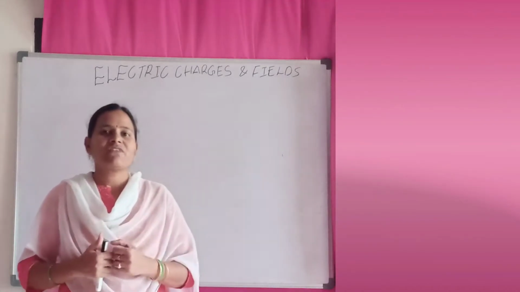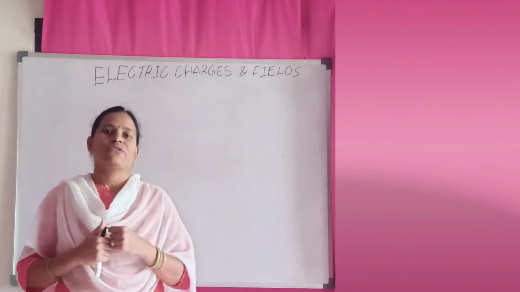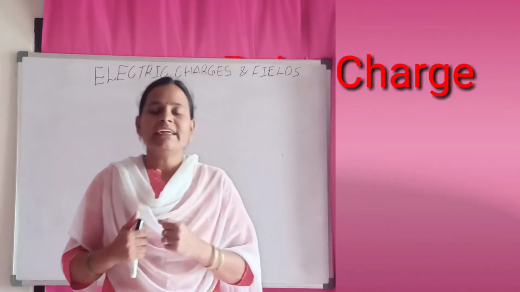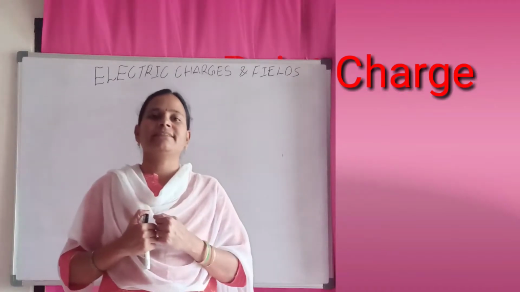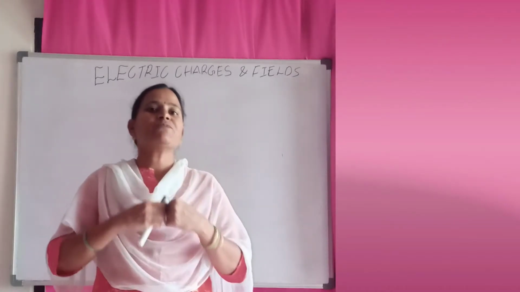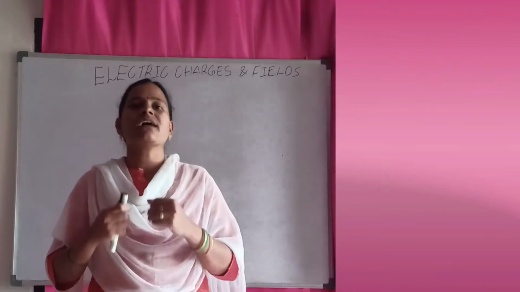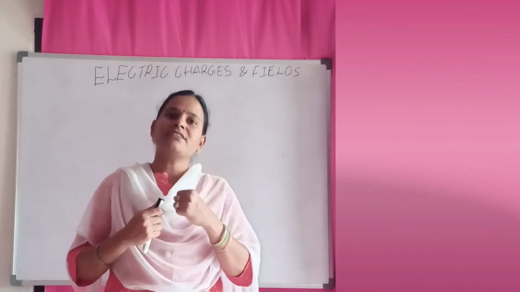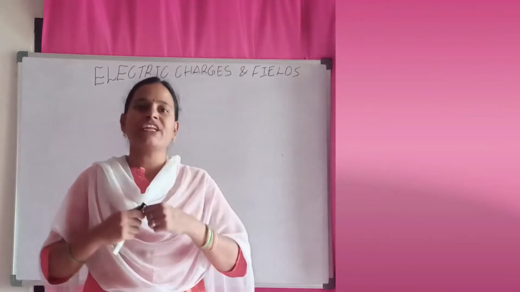First of all, we have to know what a point charge is. If the linear size of the charges is very small compared to the distance separating them, then the size of the charge is negligible.